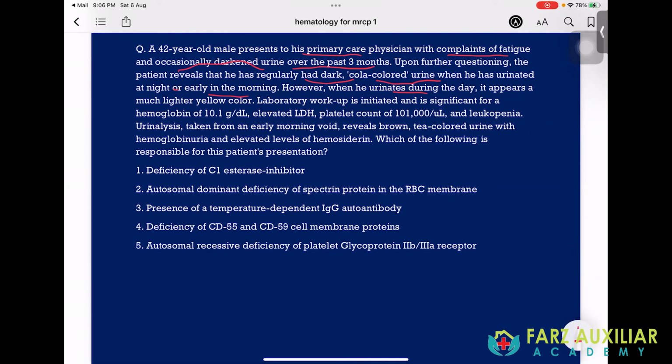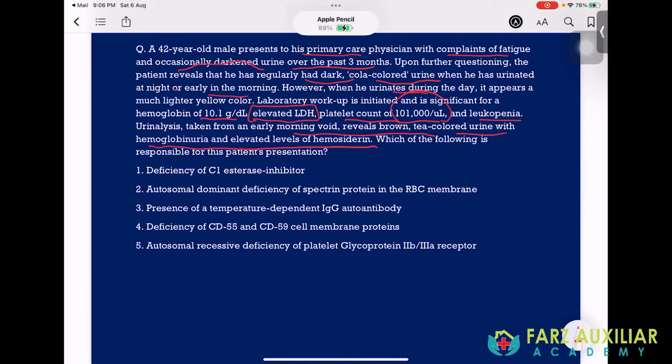Labs show Hb of 10.1, which is anemia, elevated LDH, which means hemolysis, cell destruction, platelet count of 1 lakh, and leukopenia. Urinalysis reveals brown tea-colored urine with hemoglobinuria and elevated levels of hemosiderin. Which of the following is responsible for this patient's presentation?